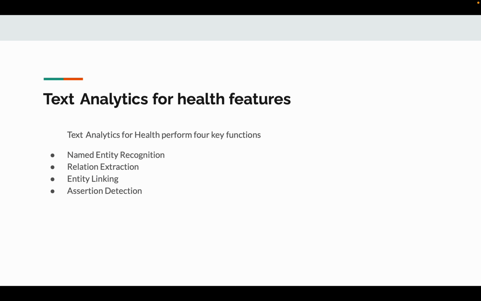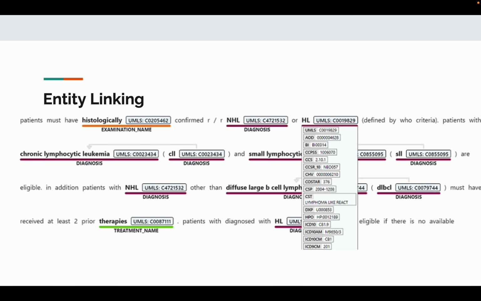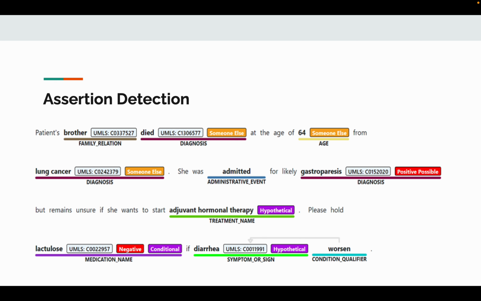Fine. So in the fourth step, assertion detection. In assertion detection, it will add some kind of contextual modifiers to the extracted entities. For example, here it is adding someone else.